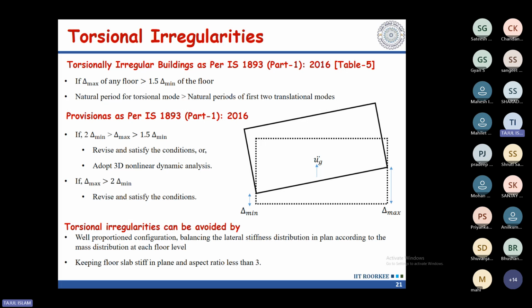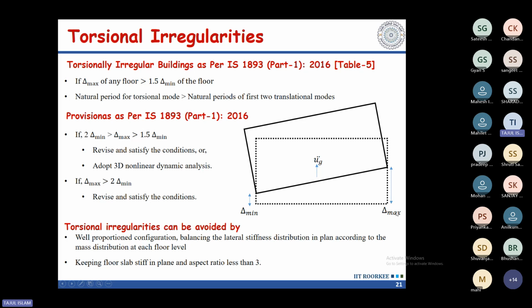Now, if you refer to any code provisions, for example, I have referred here to IS 1893 Part 1 2016. In Table 5, it gives the case when you have delta max of any floor more than 1.5 times the delta mean of the floor. For example, if you have a floor plan like this, on one side you have deformation, let's say delta minimum, and on another side you have deformation, let's say delta maximum.